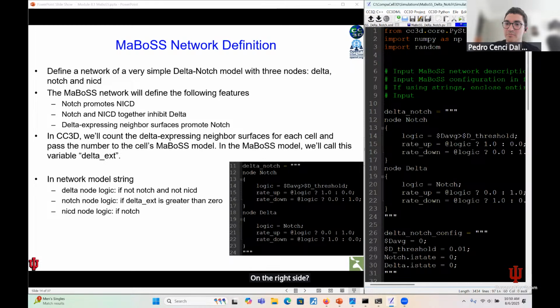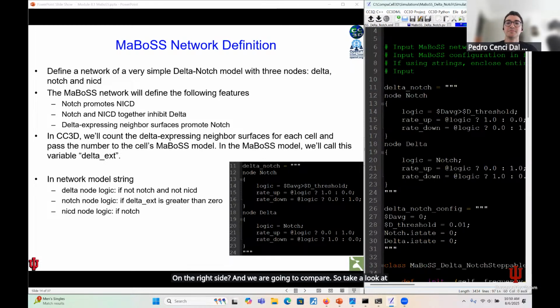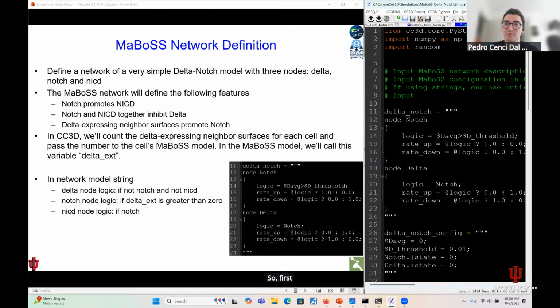And we are going to compare. So take a look at your antimony, and we will compare to the MaBoSS structure. So first, we need this import random, which we don't have in the antimony model.